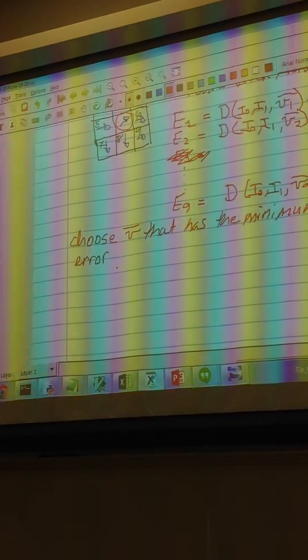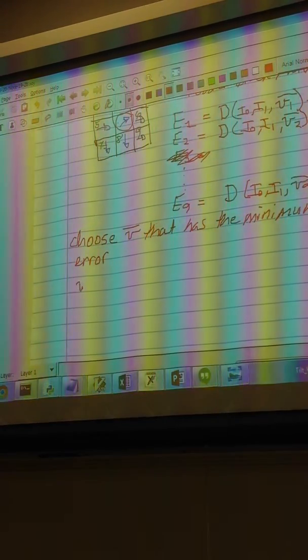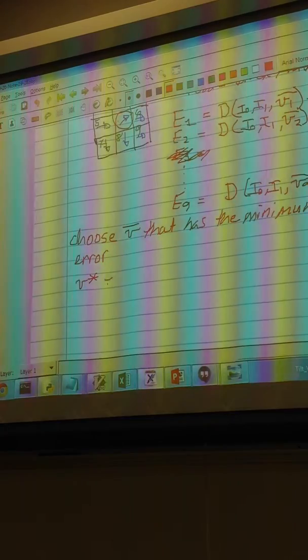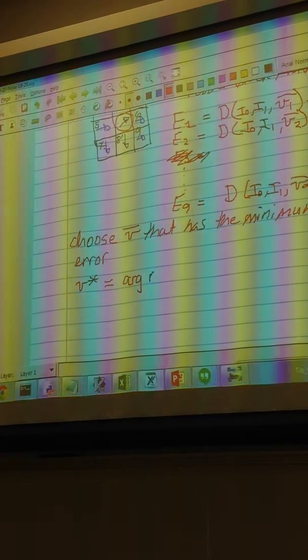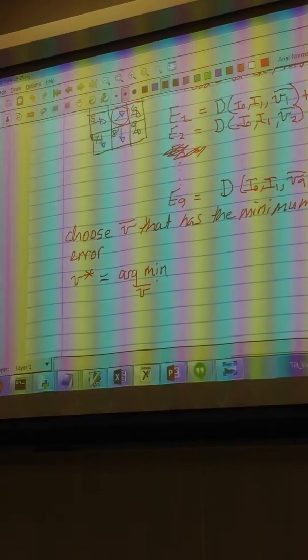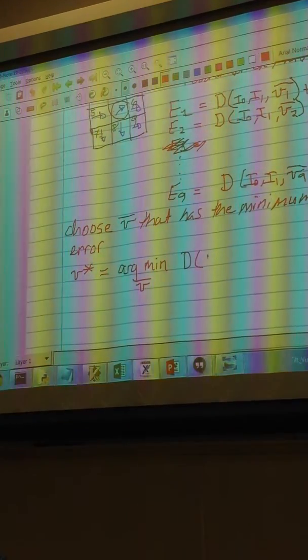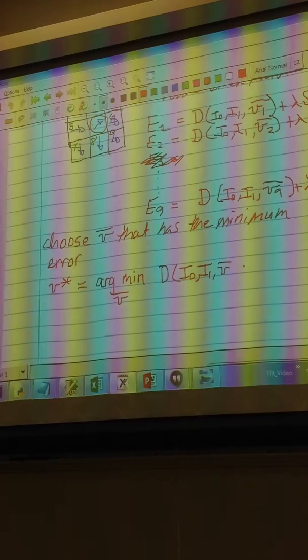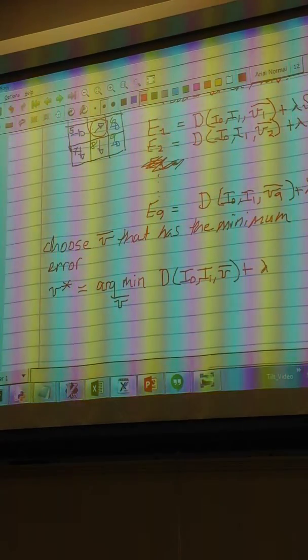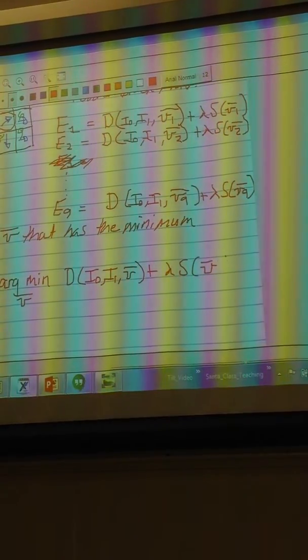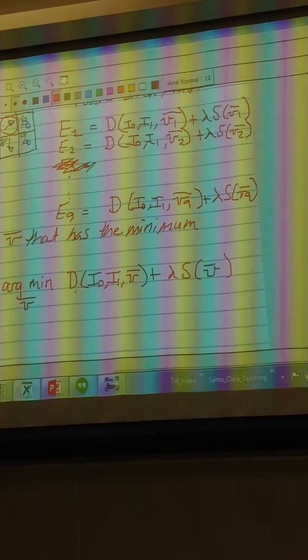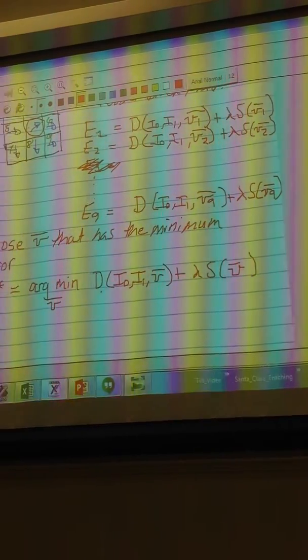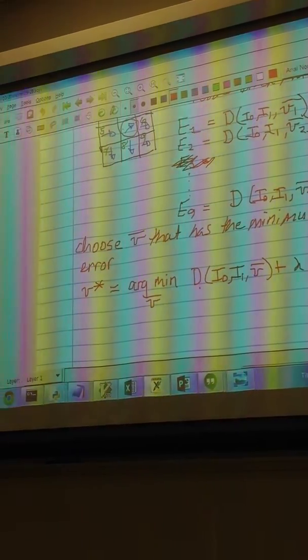And the way that this is written, you should get familiar with this kind of notation. Are you guys familiar with that notation? Maybe not. I'm going to explain it.